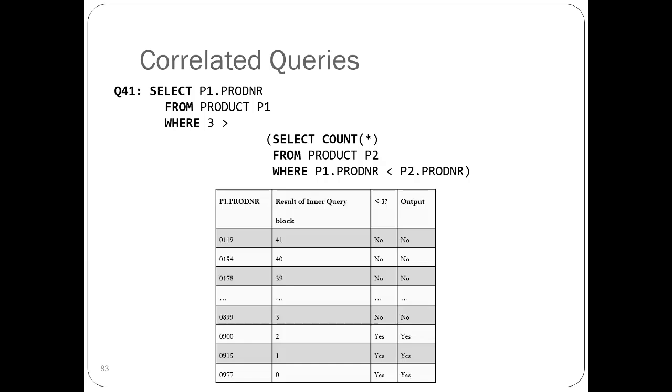Whereas if you consider last 3 records over here, right, so 0900, if that was the product number you start from the outer query, then there are 2 more records with product number 0915 and 0977, right.